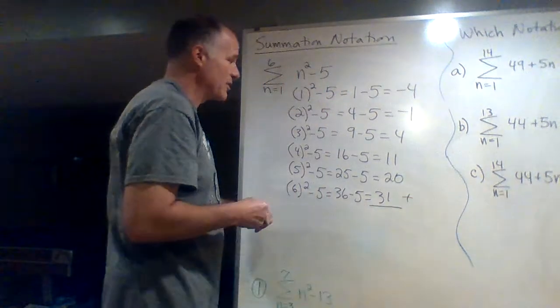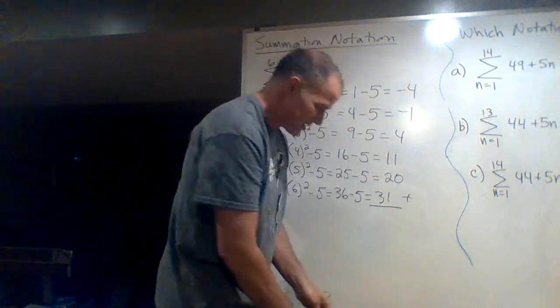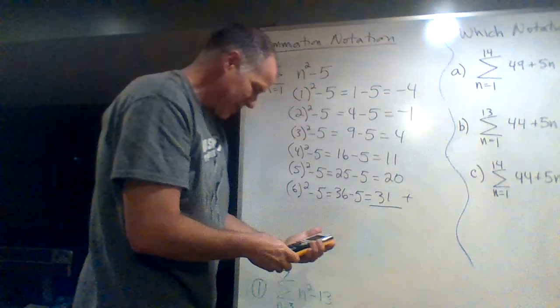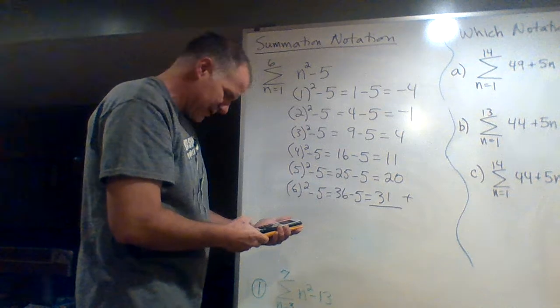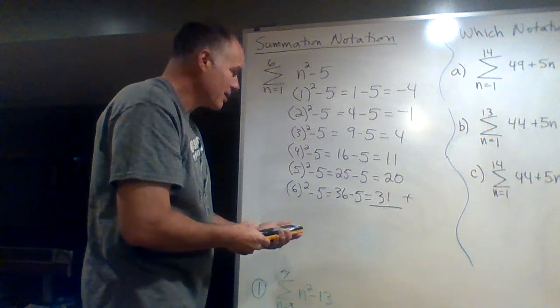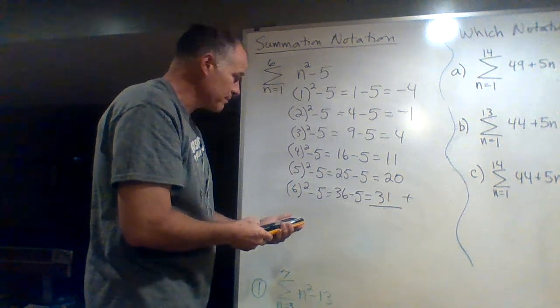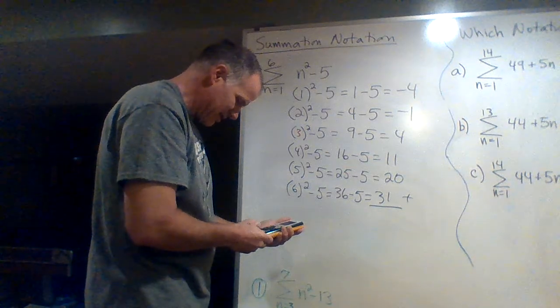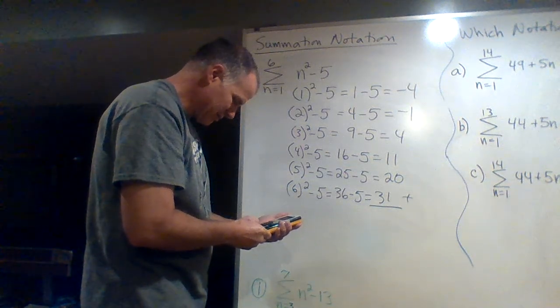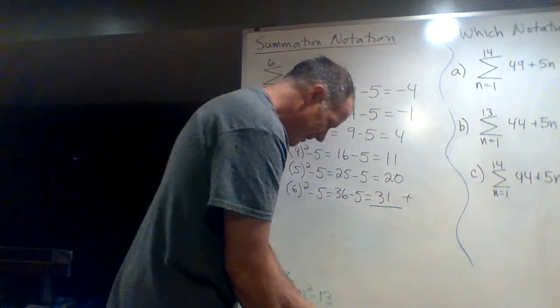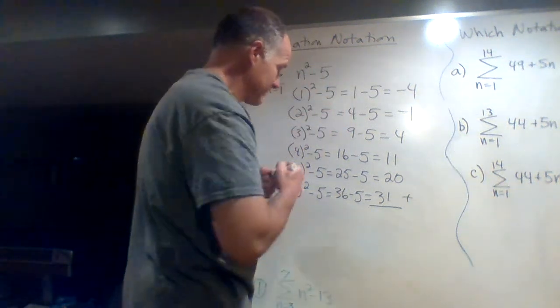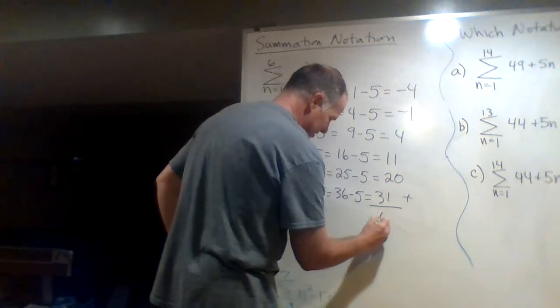It's interesting, we start off with some negatives and move into some positives, so be careful when you type these in. We've got negative 4 plus negative 1 plus 4 plus 11 plus 20 plus 31. The total I have is 61.